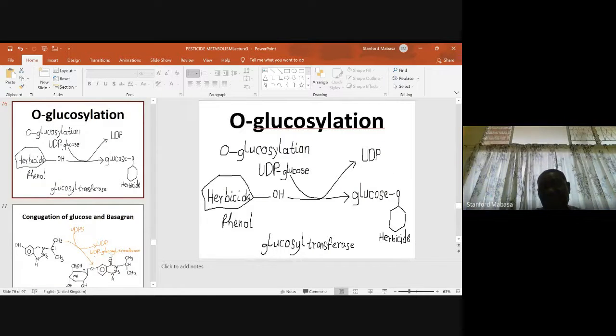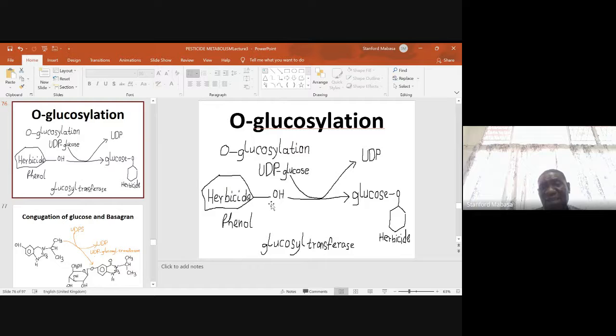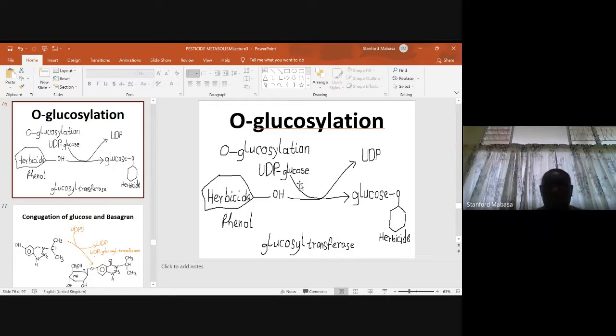Here is a simplified reaction which involves the herbicide metabolite and UDP glucose. So UDP glucose donates glucose to this herbicide product so that we form glucose herbicide.